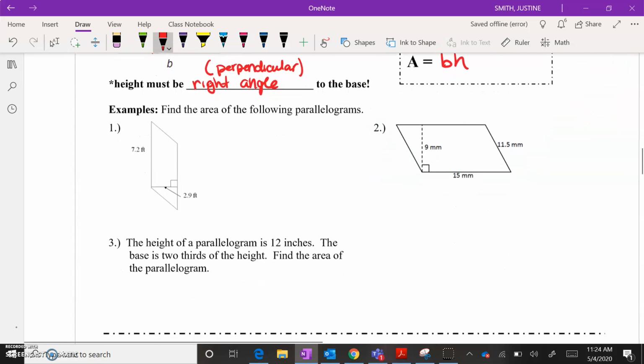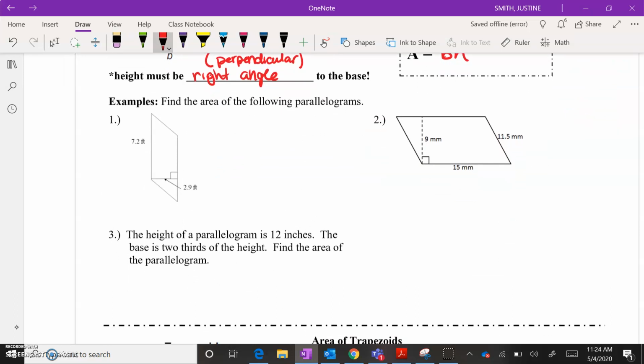All right, so for the first example, again, we're just going to do the base times the height. So we're going to do 7.2 times the height, because it forms that 90-degree angle there, 2.9. So 7.2 times 2.9 gives me 20.88 feet squared.